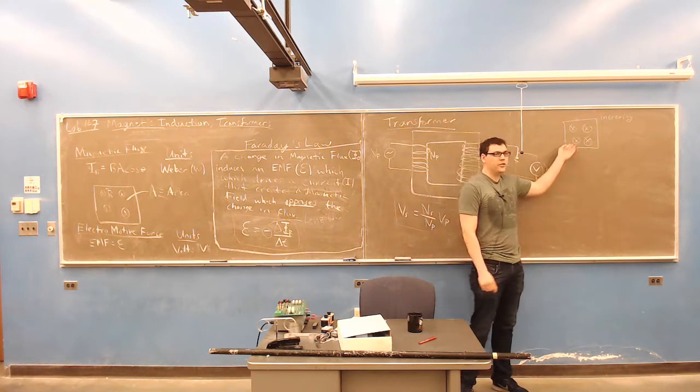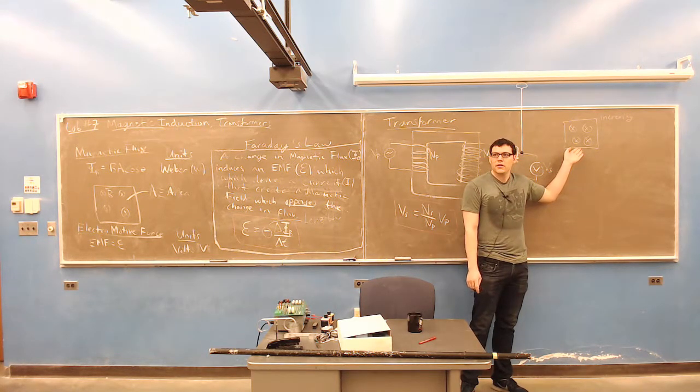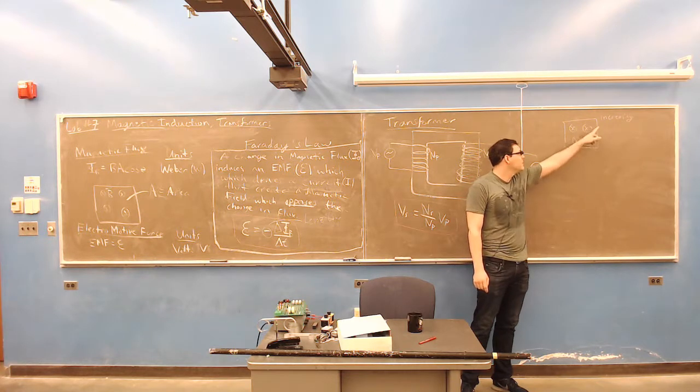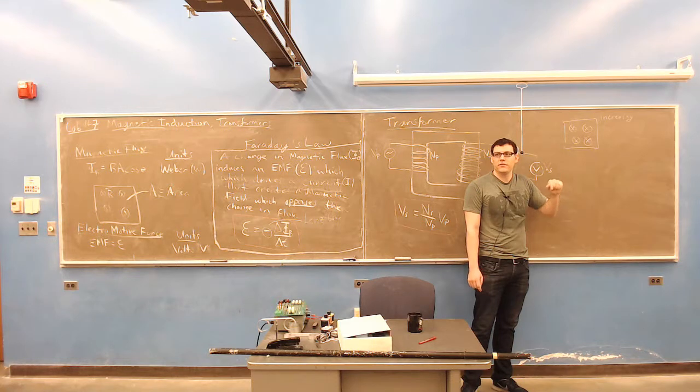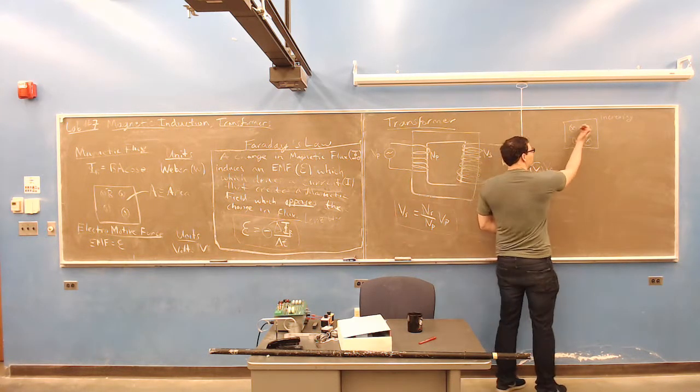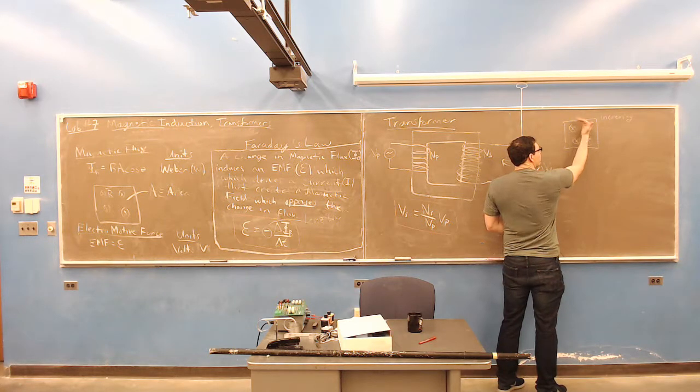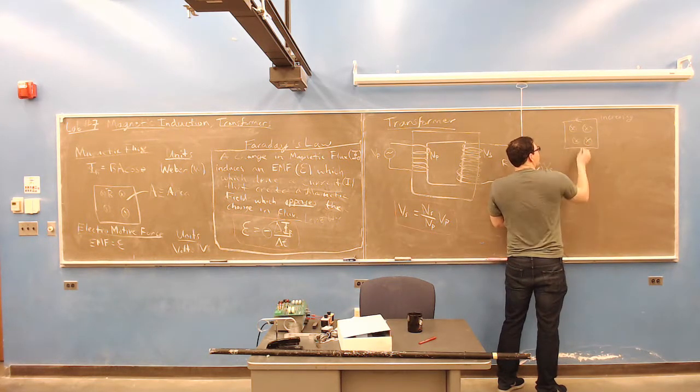So is there a change in flux here? Yes, because it's increasing. Which direction is the change in? Into the board. All right, so if the change in flux is into the board, we need to create a magnetic field from the current which opposes that change. So we need to create a current that creates a B field out of the board. And so the current would be this way.